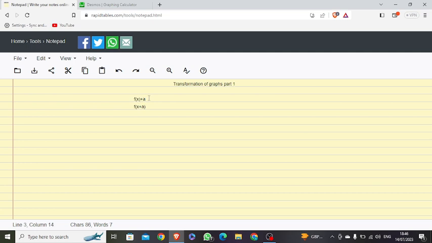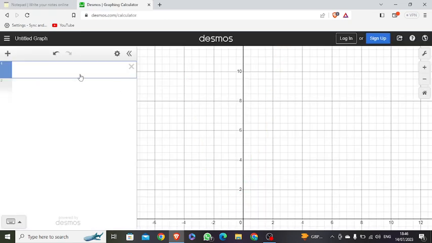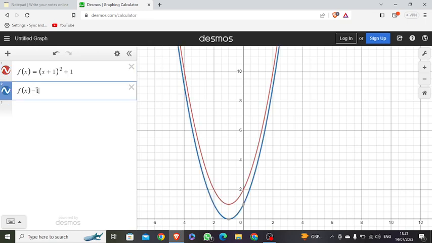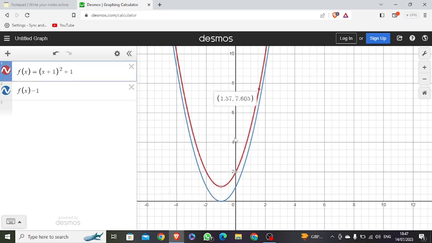Okay, so for any given equation, if you take f(x) as something, let's take this. First, let's see what happens if you take f(x) minus 1. As you can see, it all goes down by 1.